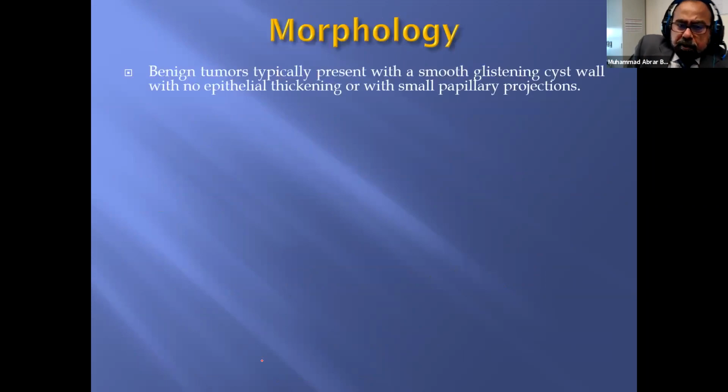Now, benign tumors typically present with a smooth, glistening cyst wall with no epithelial thickening or with small papillary projections. So the benign cyst will be small. The outer surface will be smooth, glistening, shining, and I'll show you how it looks.